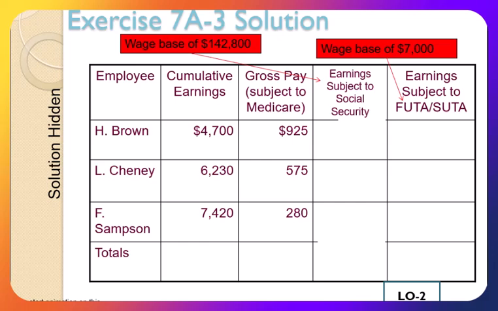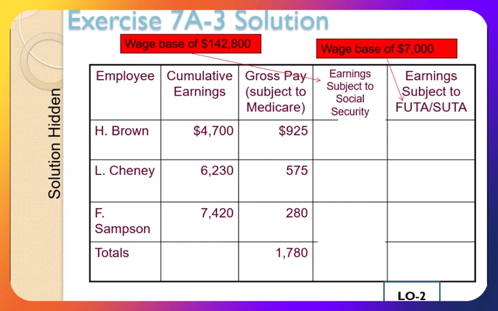And then we've got columns for earnings subject to Social Security, and then earnings subject to FUTA and SUTA. The first thing we want to figure out is the total amount of gross wages. So we will add up the 925 plus 575 plus 280. We get 1,780 in total gross pay.